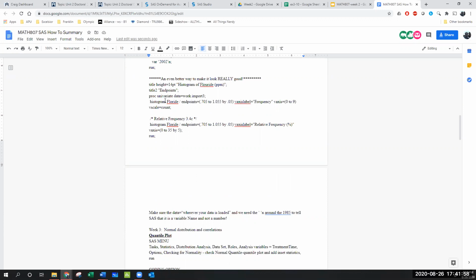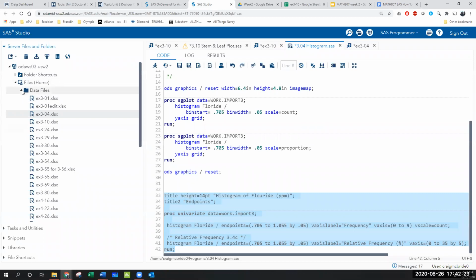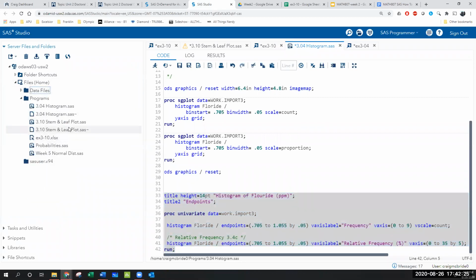Well, the idea is that we're going to give you the tools necessary to do this type of stuff on your dissertation. So that's why I said in the beginning, you should keep these program files.